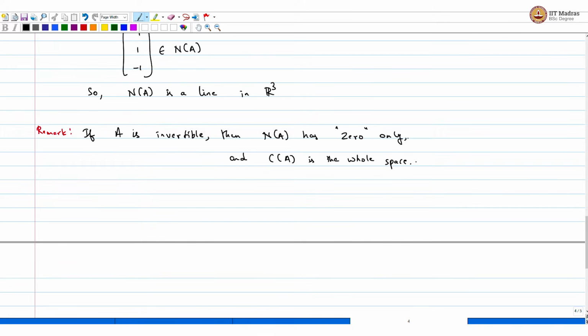Obviously, if the column space of A is the whole space, then Ax equals B has a unique solution. In this case, Ax equals B has a unique solution.